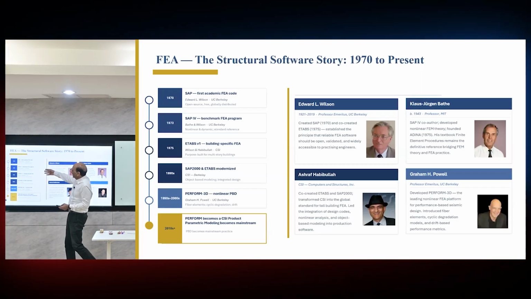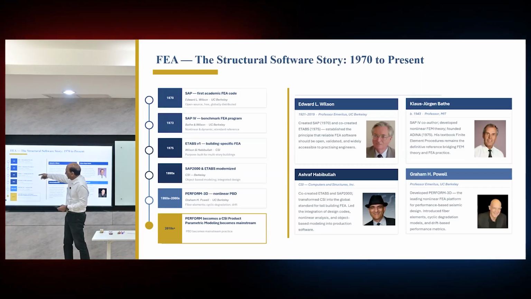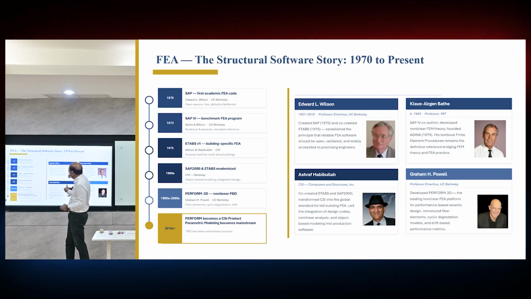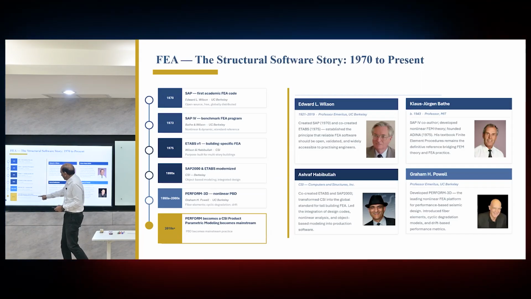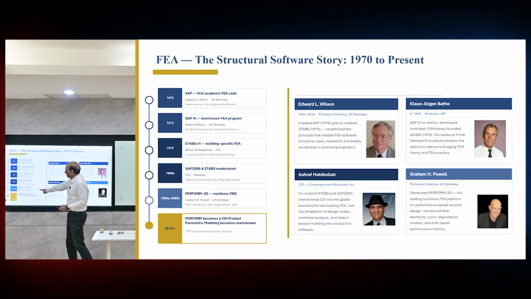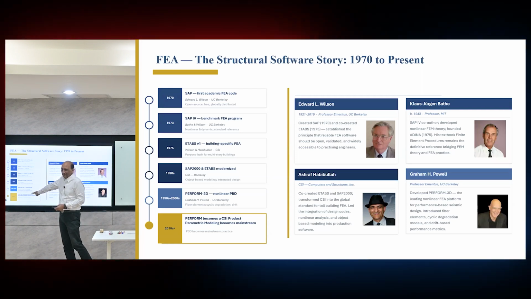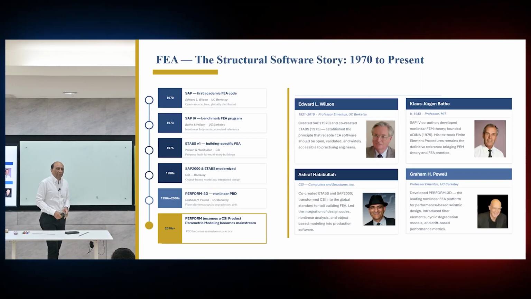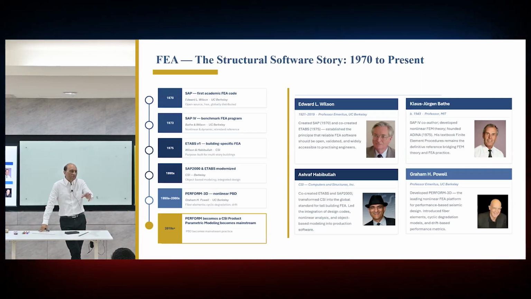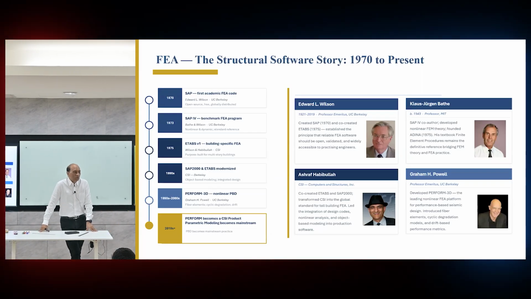And then ETABS was started with Wilson and him, and then SAP 2000 and ETABS came up, then Perform 3D by him, and then Perform 3D went to ETABS and CSI. So basically CSI primarily took the main leadership in finite element analysis tools.